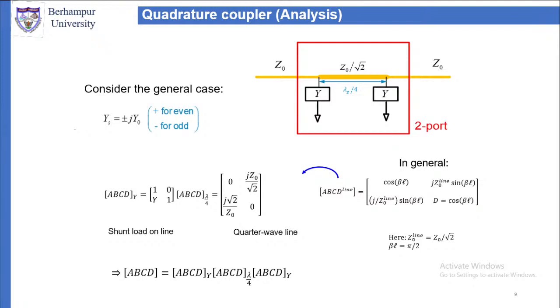There are two shunts, and in between the two shunts there is a lambda g by 4 line. As we have discussed already, for a cascade connection the ABCD matrix of the net connection is equal to the product of the ABCD matrices of each element. So we can use that.